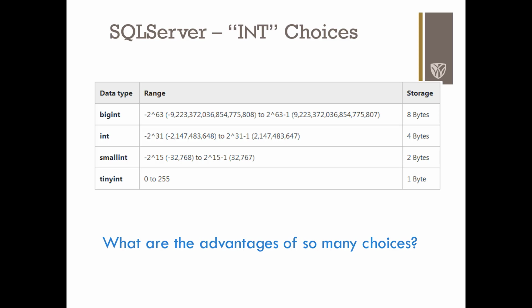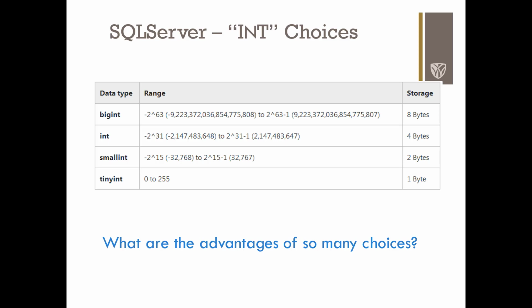Why do you think organizations like Microsoft allow users to have so many options when they're storing data in the database? Well, in this particular case, having these options allows the database designer to say, wait a minute, for something like code, I don't need to allocate a large amount of space to that.